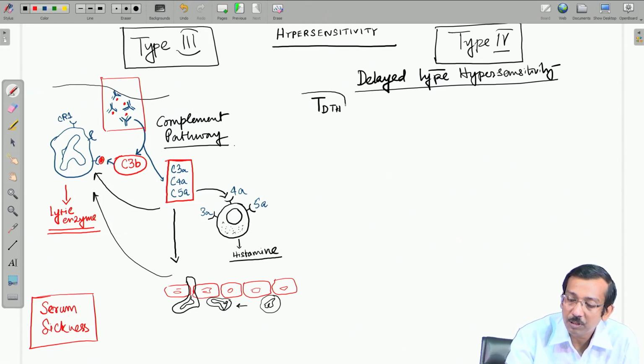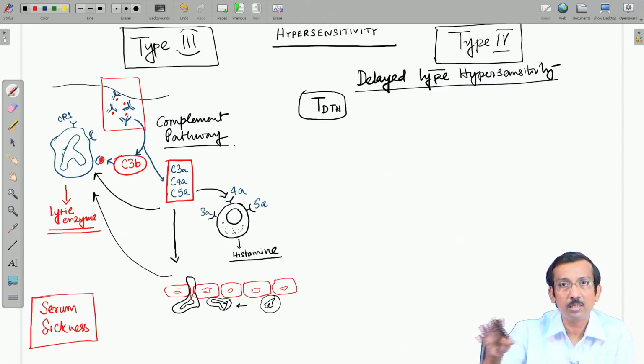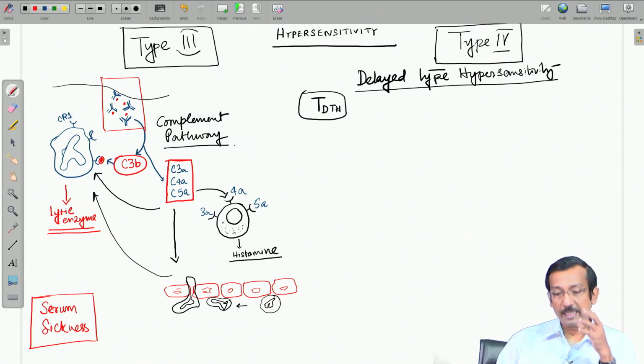Later on, it was found to be a small subset of T cells, mostly Th1 cells, and to some extent CD8 plus cytotoxic T cells are also involved, but it is mostly the Th1 effector cells that are responsible for this delayed type hypersensitivity reaction.